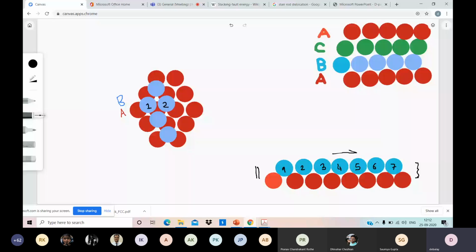Stacking, right? I am drawing the A layer. Suppose I am drawing FCC 111 planes. So this is my A layer. On top of that, I am drawing the B layer. And B atoms, where are they situated on the A layer?